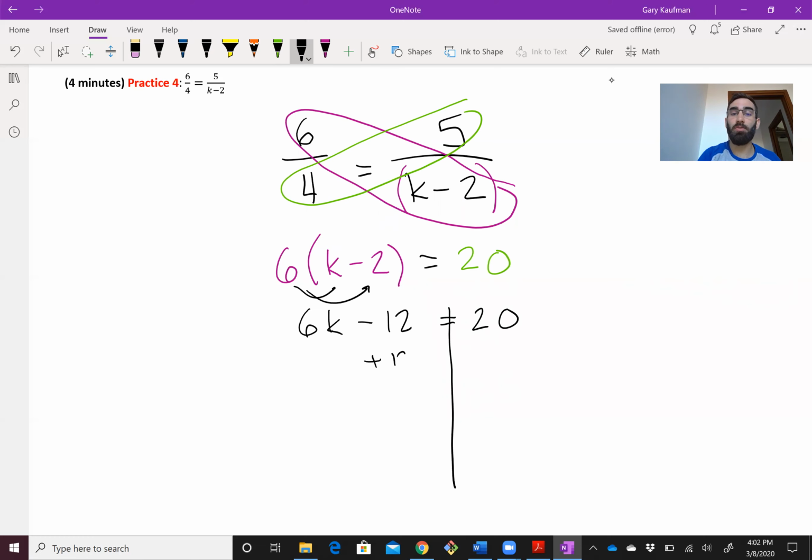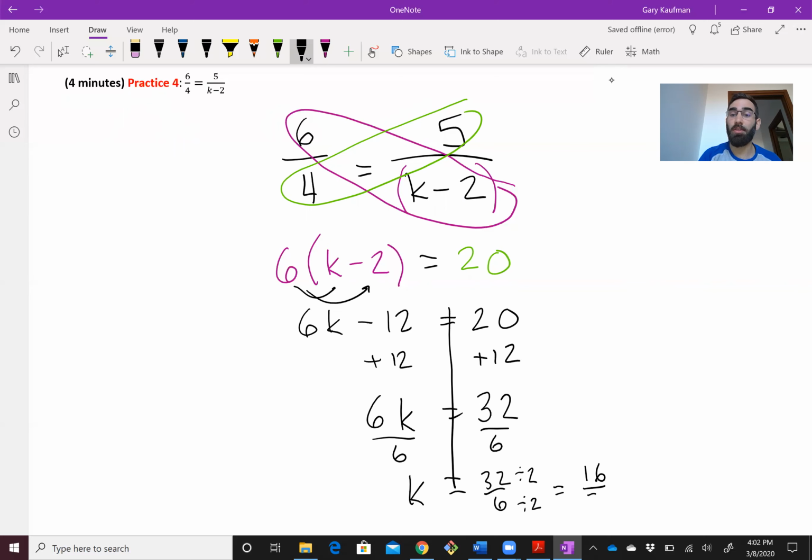I'm going to add 12, and all of a sudden get 6k equals 32. I'm going to divide both sides by 6, and k is equal to 32/6. But I can simplify this further and get 16/3. And this would be my final answer for k.